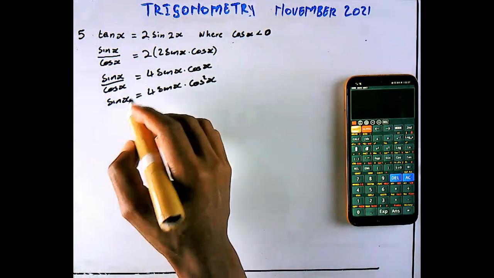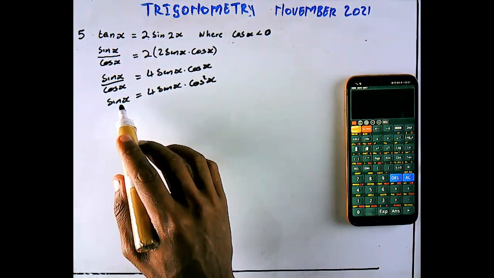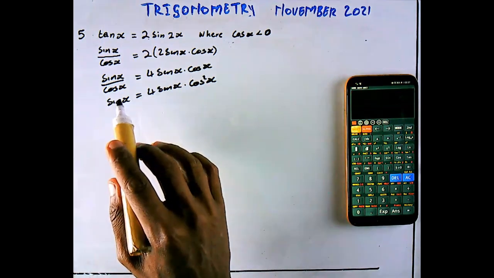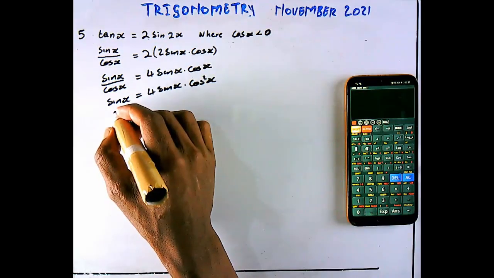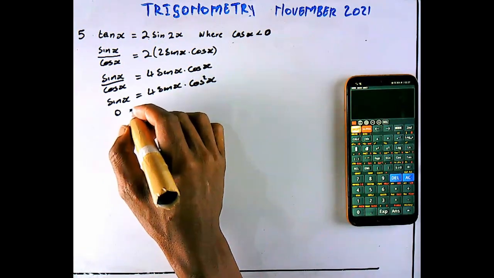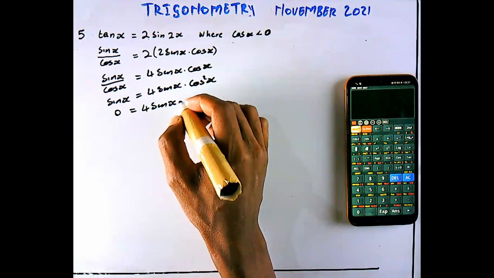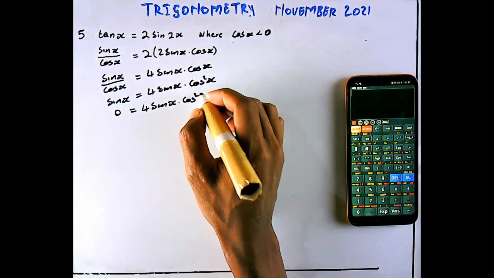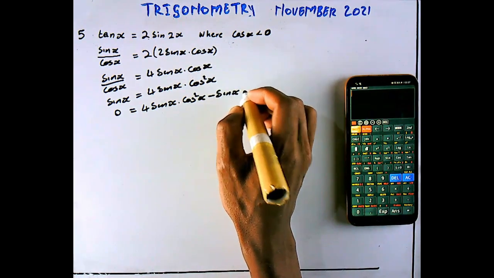Cos multiplied by cos becomes cos squared x. And then we can move this sine x to the other side. Then this side we left 0 equals 4 sine x cos squared x minus sine x.